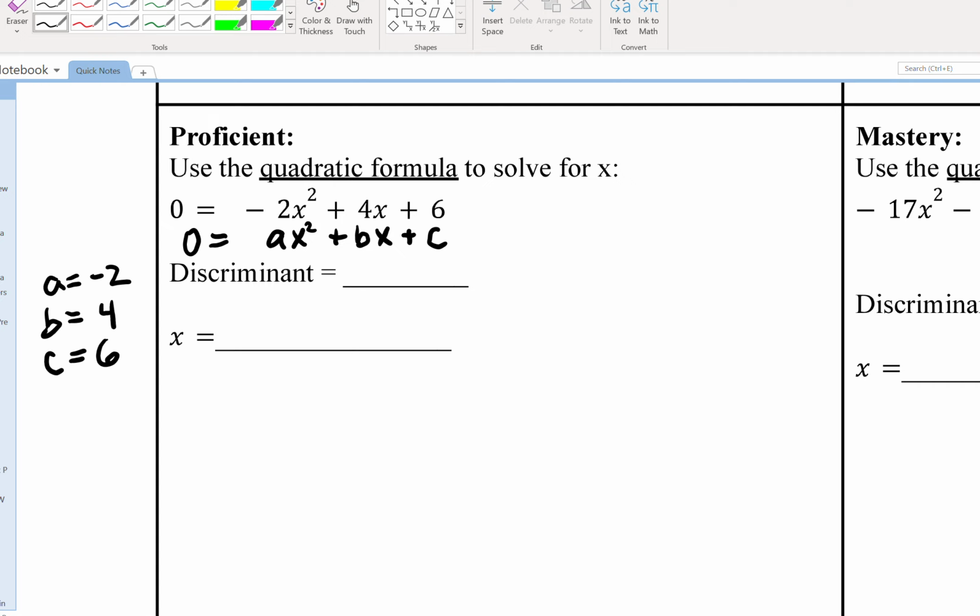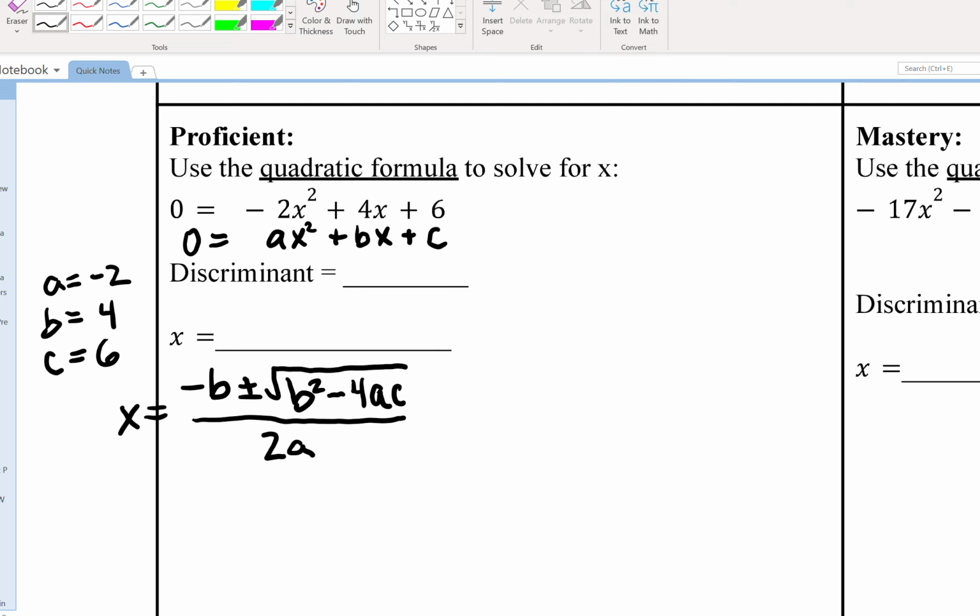And then we want to find the discriminant, and the discriminant is the part that's under the radical. Recall that the quadratic formula is x equals -b plus or minus the square root of b squared minus 4ac all over 2a.